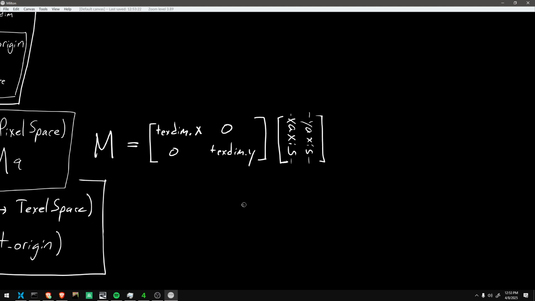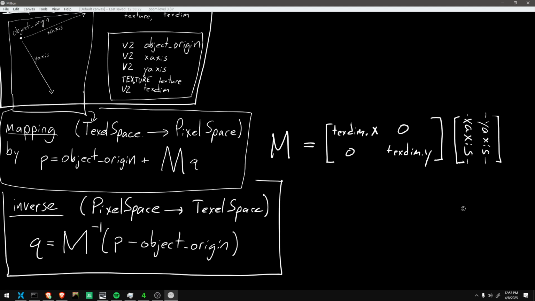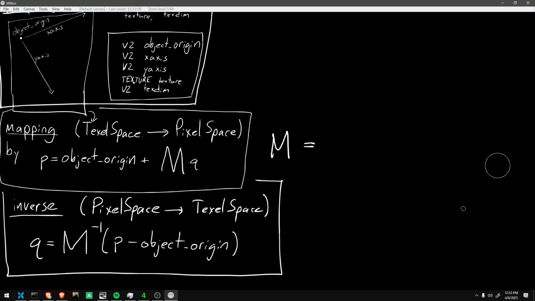Right, so now if I give you a texel, no, this isn't it either. Nice try, getting closer. If I give you a texel, first thing you'll do will be to unscale the texel, and then you'll put it through x-axis, y-axis.